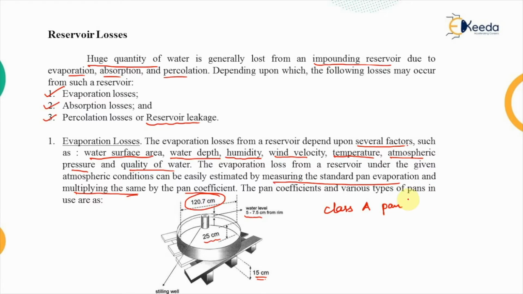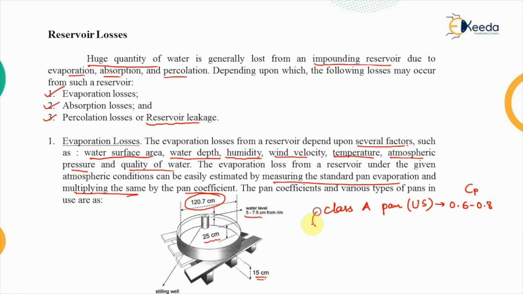This class A pan is used in the United States of America, and the range for the pan coefficient is from 0.6 to 0.8, and the average value that we take is 0.7.